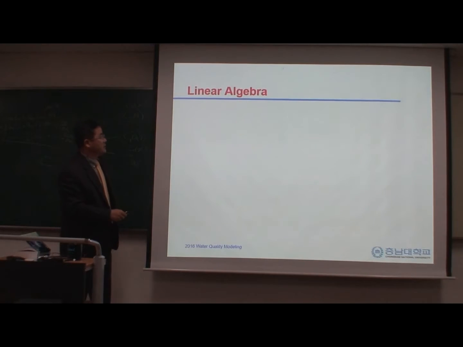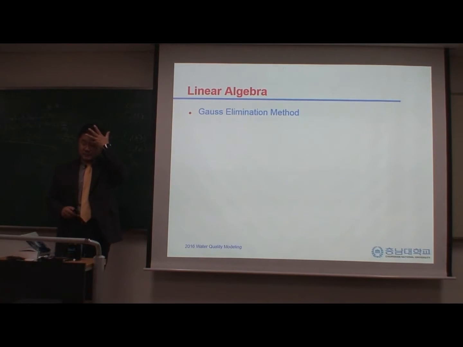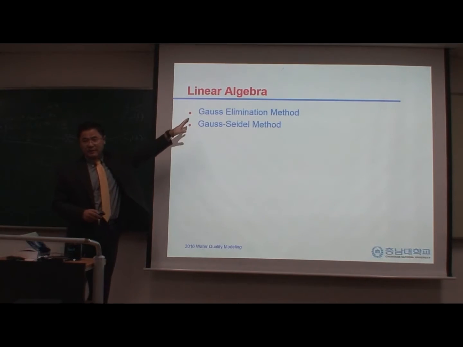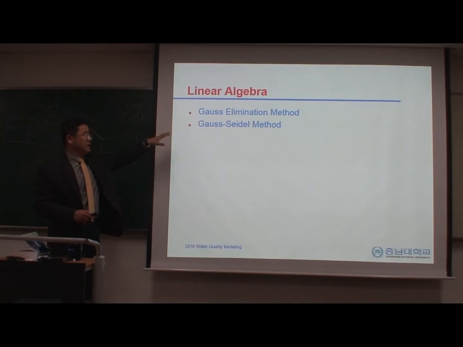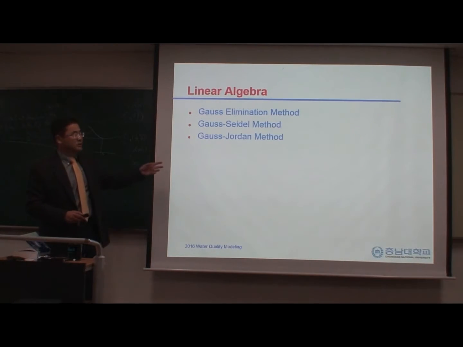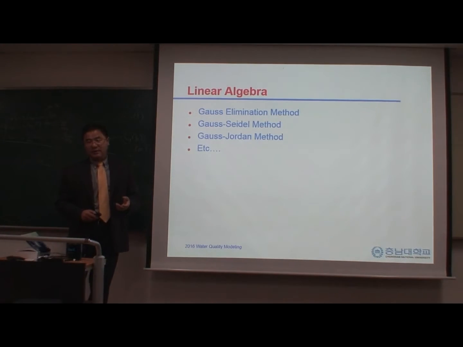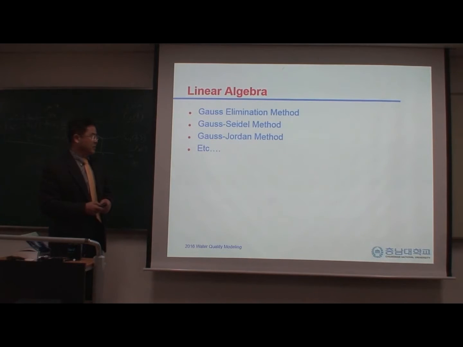Okay. So, to solve this equation, there are many already famous or known, common methods to solve this. Gauss elimination is the most commonly used method, and Gauss-Seidel, and Gauss-Jordan, and many others. Actually, if you study linear algebra in the mathematics department, they will teach you many different cases and also many different methods.